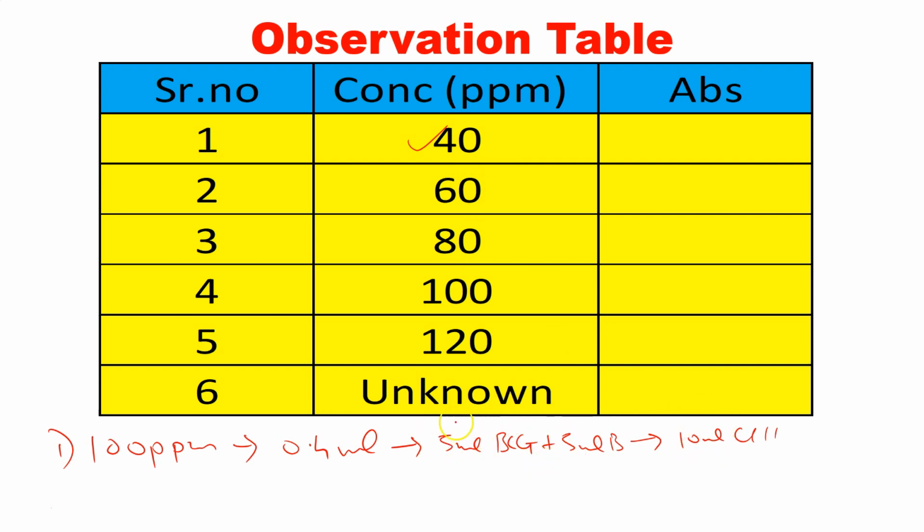It is to be noted that this atropine forms a complex with BCG, and whatever complex is formed, we have extracted at the end in 10 ml of chloroform. So 0.4 ml was dissolved in 10 ml of chloroform, and the stock concentration was 100 ppm.